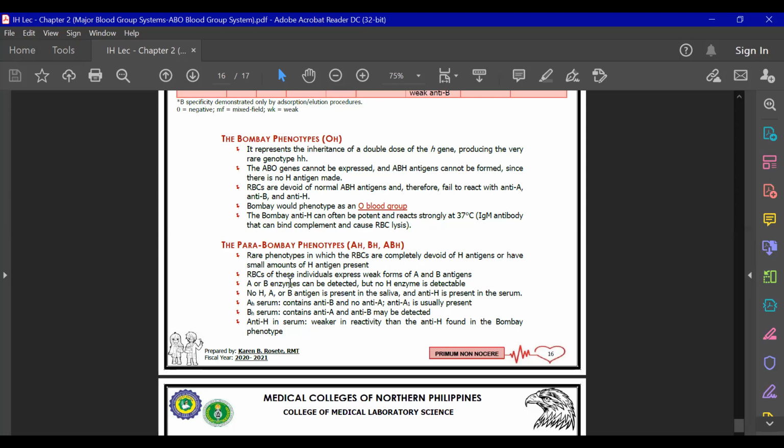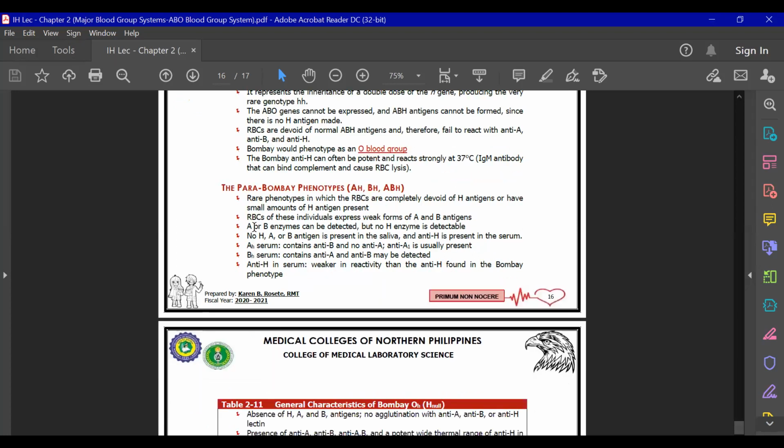Your A and B enzymes can be detected, but the H enzyme is not detected because its amount is very small. So individuals having this phenotype have no H, A, or B antigen present in the saliva.